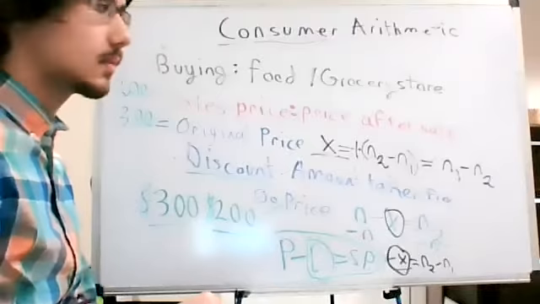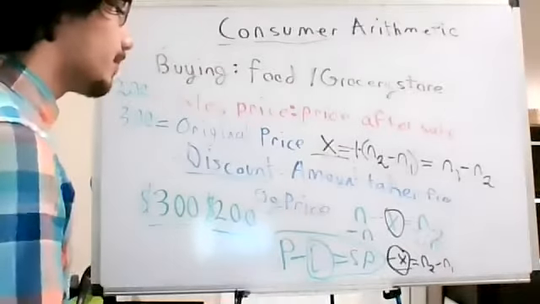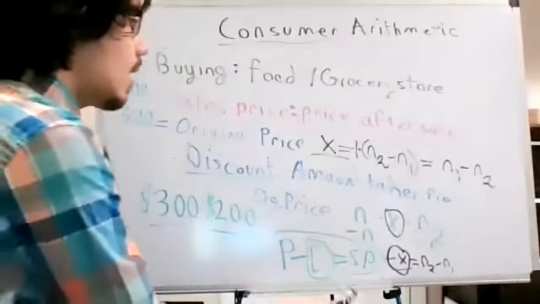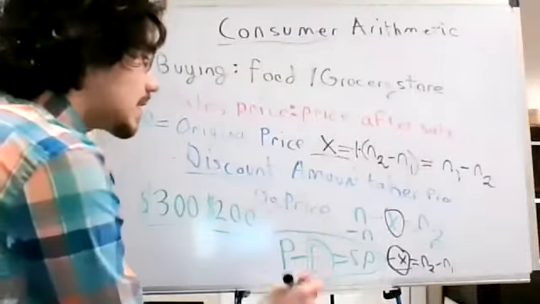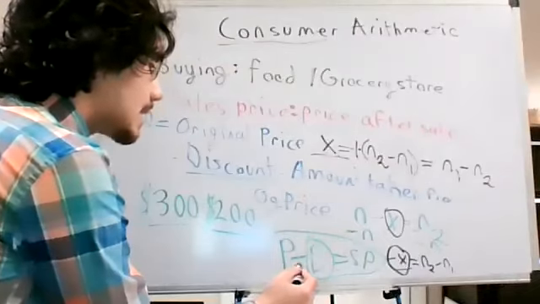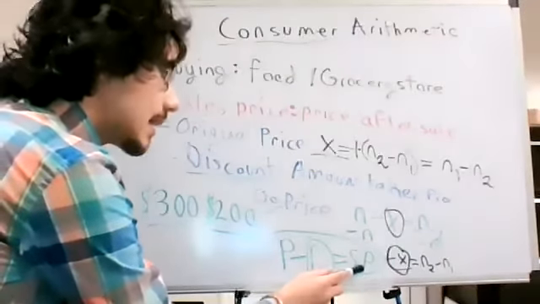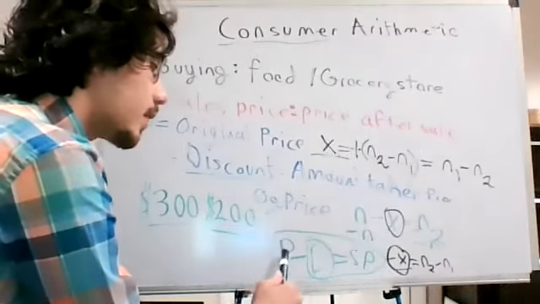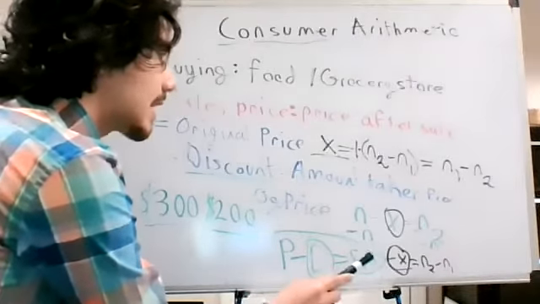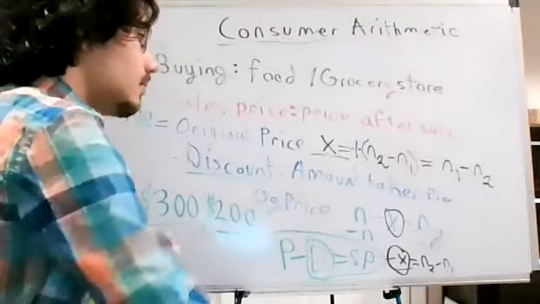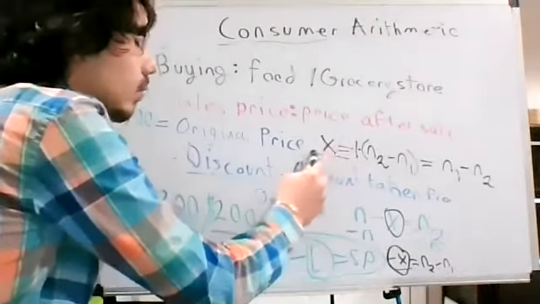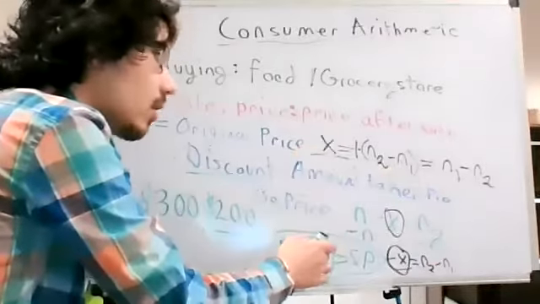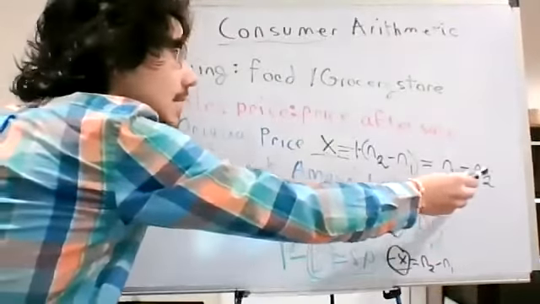No, sir. Okay. So in this equation, we said back to price, we said the original price minus the discount equals the sales price. We said that the discount was X. We said that the price was the first number, and we said the sales price is the second number. So when we substituted the equation and we found the X, which is the discount, we said it was the first number minus the second number.